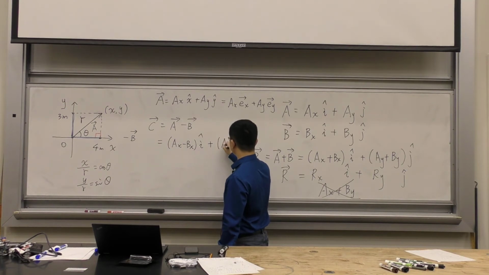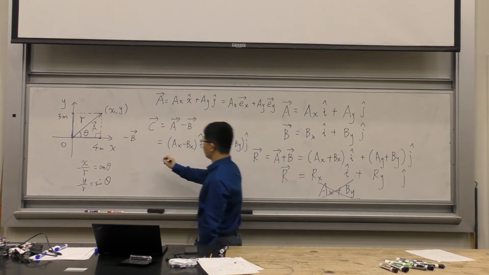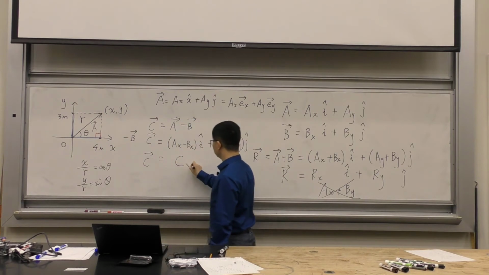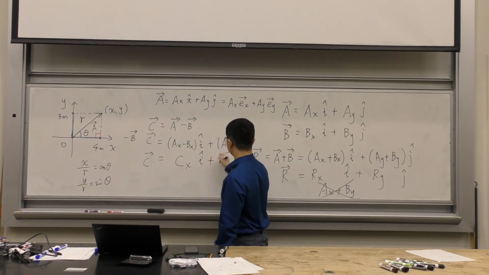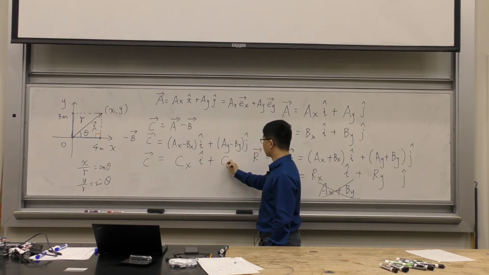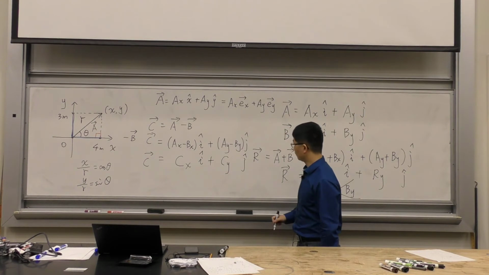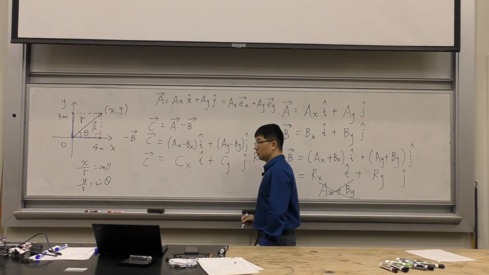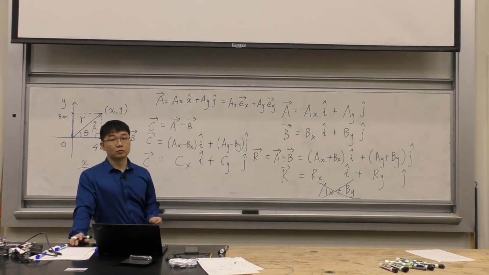And then ay minus by j hat. Okay? So that's going to be the new component for c in x direction. That's going to be the new component for c vector, the new vector in y direction, y component. Okay? So you see that it's much nicer to use components. Okay? So that's what we're going to do when we see vectors.